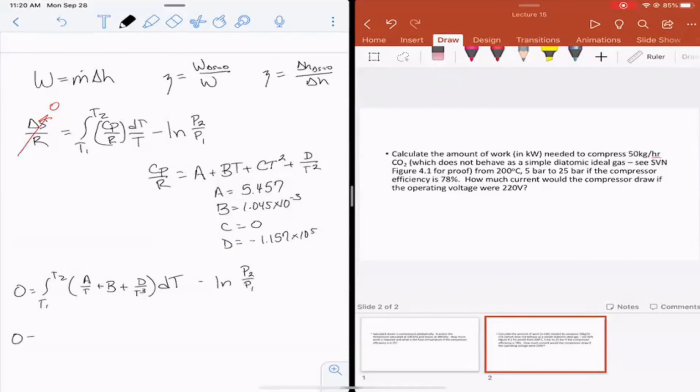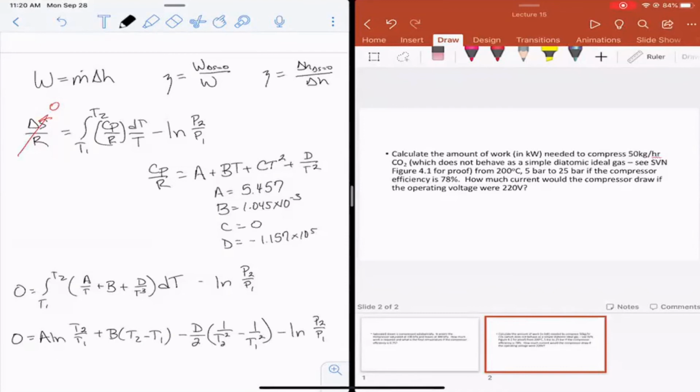So 0 equals A times the natural log of T2 over T1 plus B times T2 minus T1 minus D over 2 times 1 over T2 squared minus 1 over T1 squared, minus the natural log of P2 over P1.